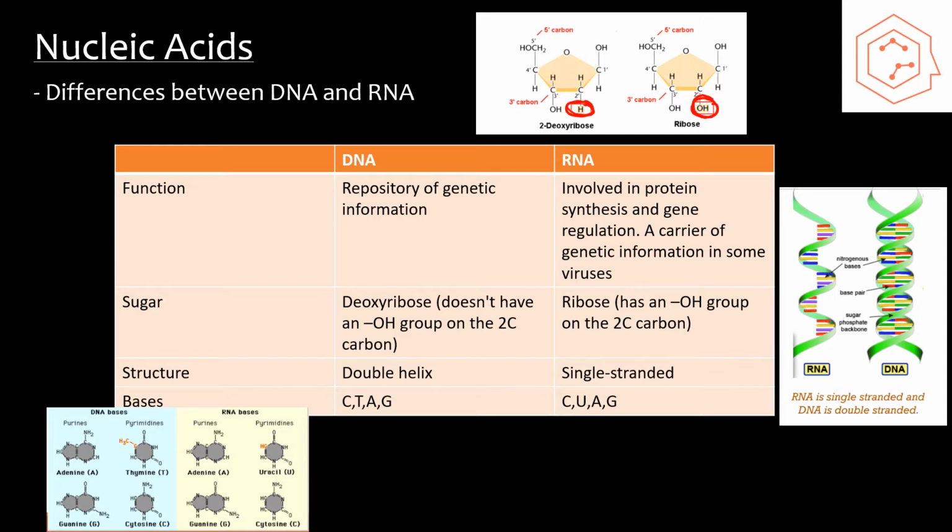The structure of DNA is a double helix, whereas RNA is single-stranded. The bases in DNA are cytosine, thymine, adenine, and guanine, whereas in RNA it is cytosine, uracil instead of thymine, adenine, and guanine.